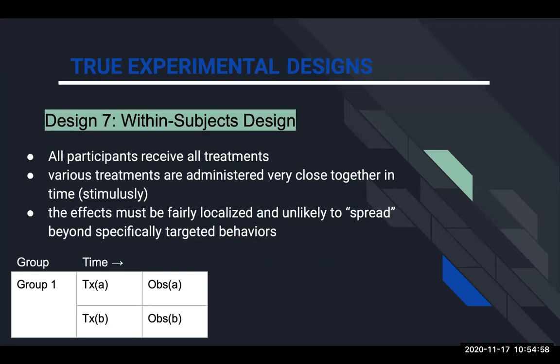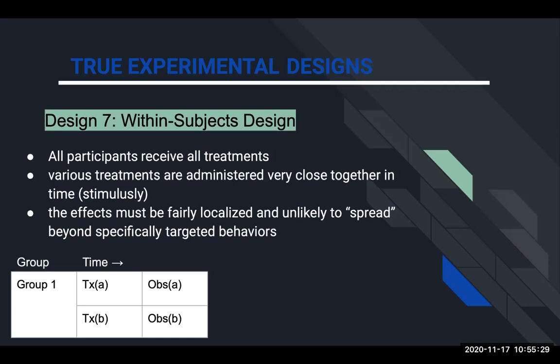And the next one, these are all still about the true experimental designs, is design 7, within subjects design. We spoke about earlier the nature of within subjects, also known as a repeated measures design, in which all participants receive all treatments in a research study.